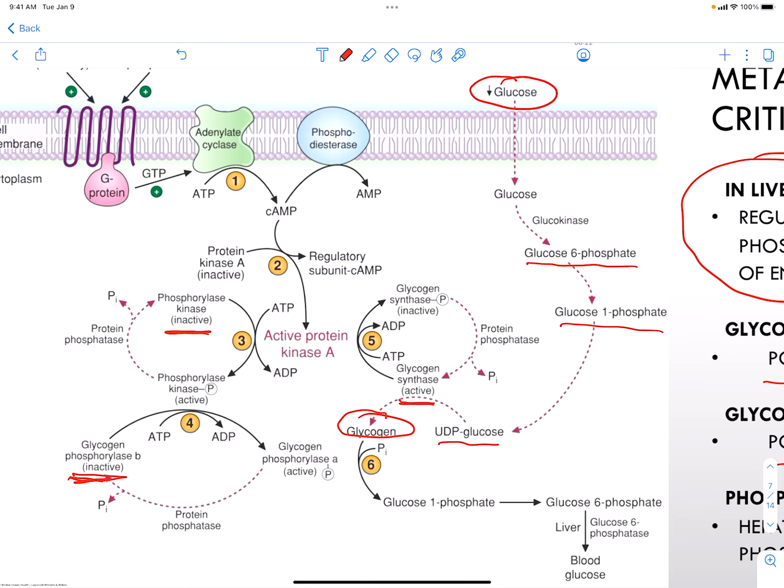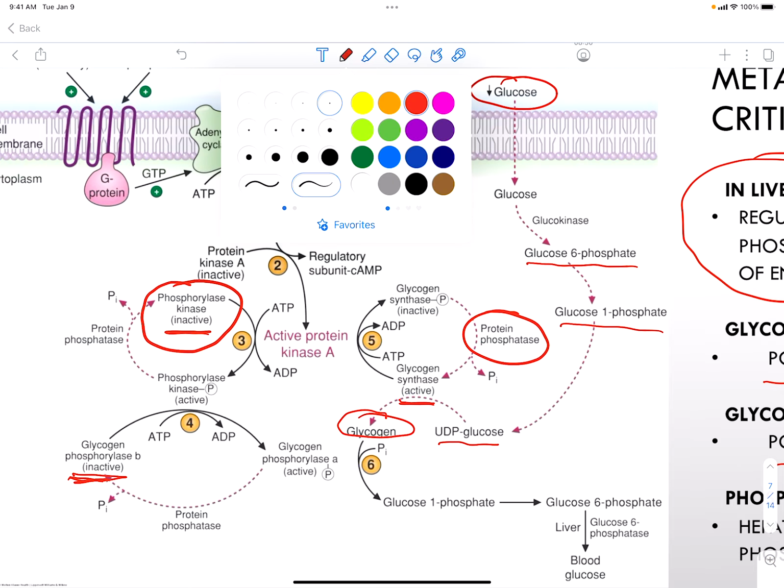Now there are a few steps in between all of these. So right here we have a glycogen phosphorylase kinase. And so when it is dephosphorylated in the presence of insulin, the protein phosphatase, it's inactivated, so you don't break down glycogen stores. In the presence of glucose and protein phosphatase, you're going to activate your synthase and you're going to build up glycogen stores.